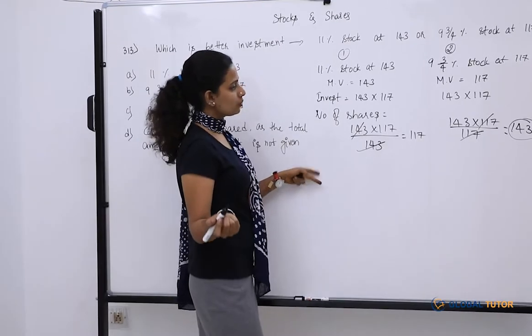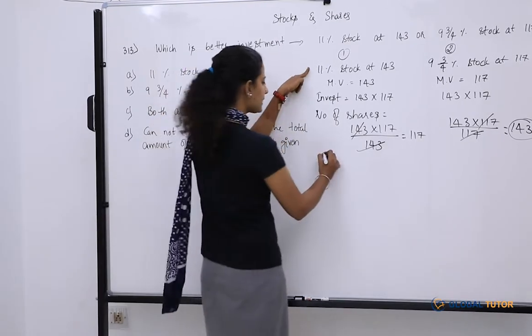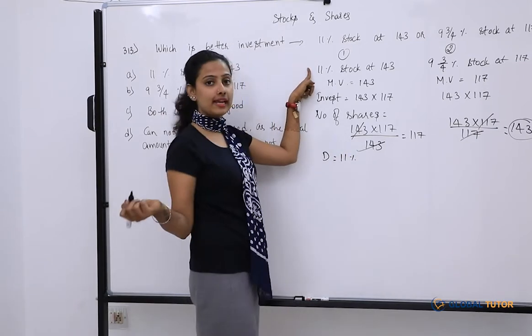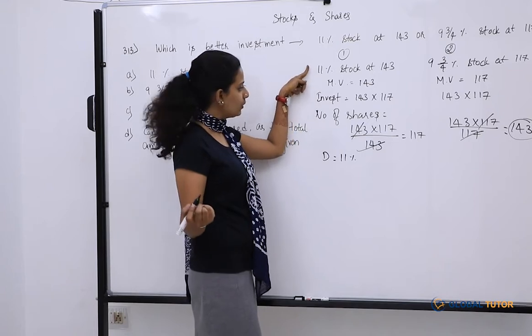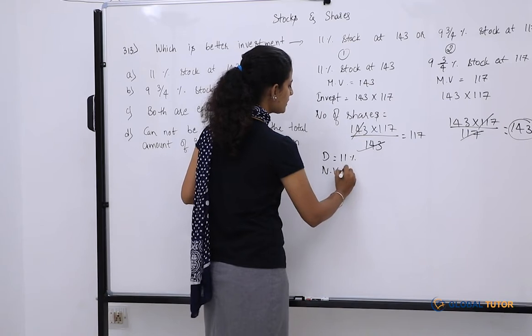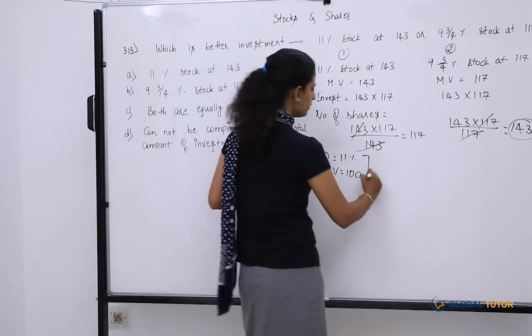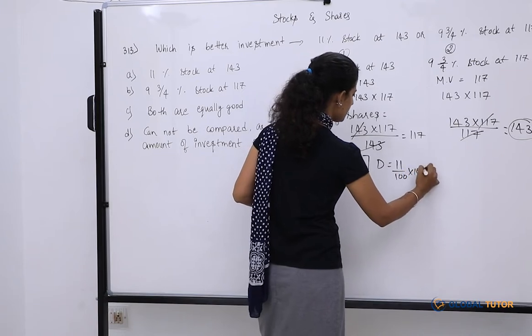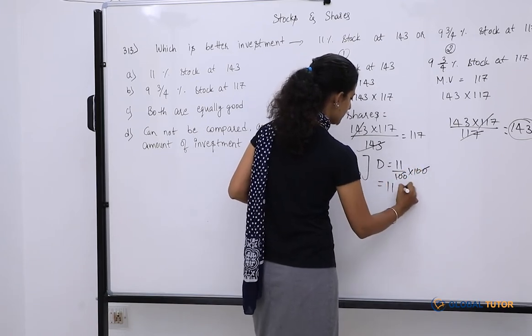Now, let us come to the dividend part. In this case, dividend is 11% and we know it is always calculated on the nominal value. If the market value is 143, the nominal value is 100. So, here the dividend will be 11 by 100 into 100, which is 11 rupees.